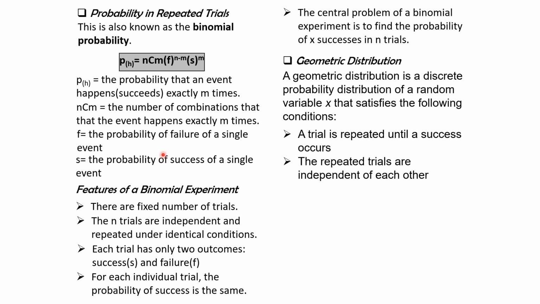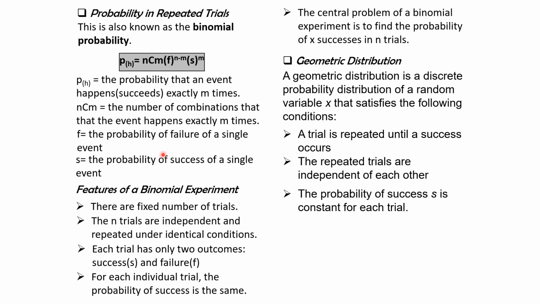So the formula is the probability that the first success will occur on trial number X. Before trial number X, there will be X minus 1 trials already that occurred. Since those are failure trials, the probability of failure is 1 minus the probability of success. So therefore, the formula is quantity 1 minus S raised to X minus 1.